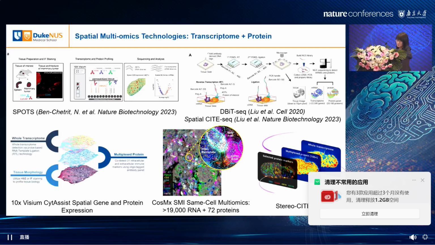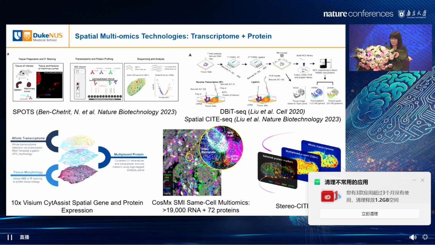There are many technologies out there for us to profile spatial multi-omics. The first type of technologies simultaneously profiles the transcriptomics and the proteomics. Technologies include SPOTS, DBiT-seq, and spatial CITE-seq developed by Liu Yang in Rong Fan's lab.